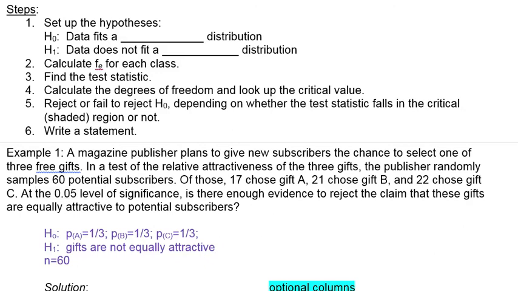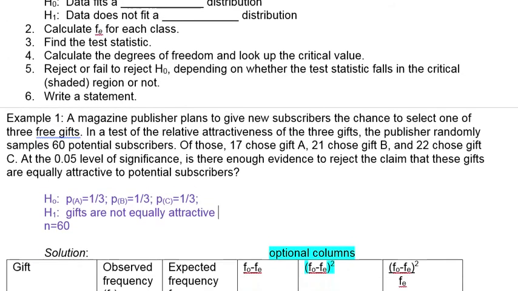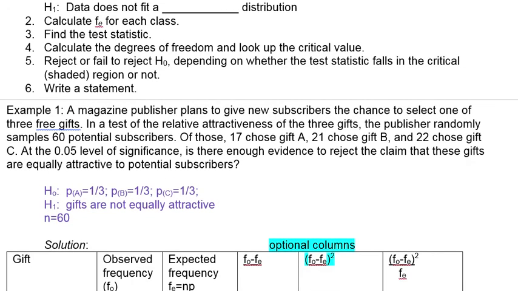So I have this one set up as a table. These questions aren't typically given as a table, but often we set up a table to answer them because we're going to have some repetitive calculations. So I put up the table so we have our categories, our observed frequencies, and our expected frequencies. I could have this table completely flipped from how it is. I put in 2 optional columns. For this first example, I'm showing them both just because some people like to show every detail of their calculations.